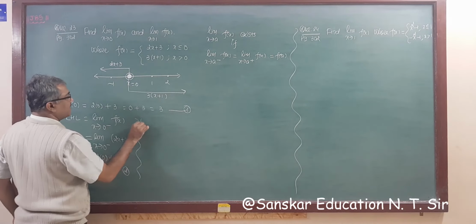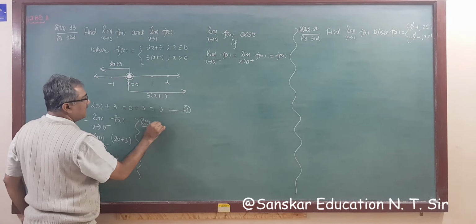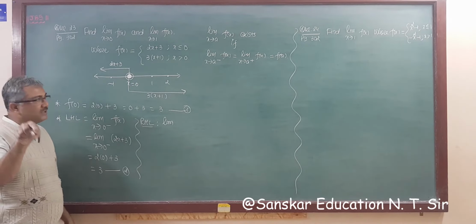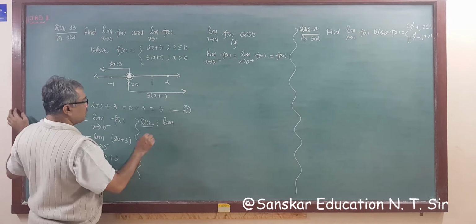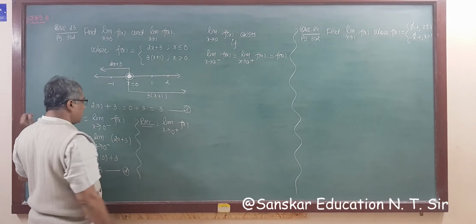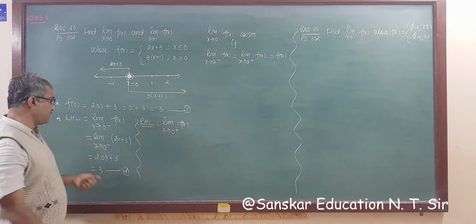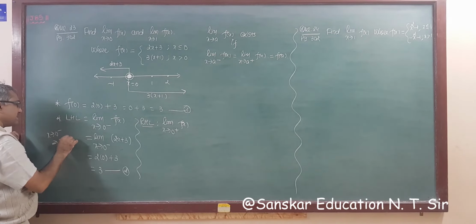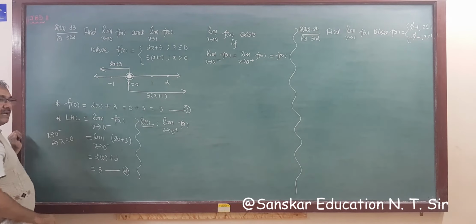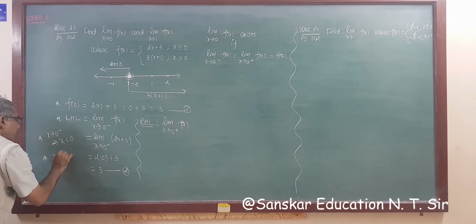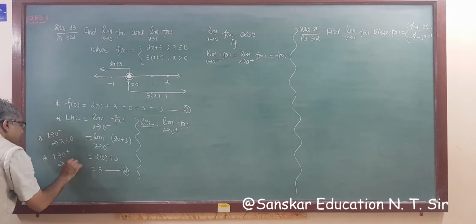Now, right hand side limit. The right hand side limit is limit x tends to a from right. But a is 0, so x tends to 0 from right, f of x. Now, x tends to 0 from left implies x is less than 0, and x tends to 0 from right implies x is greater than 0.